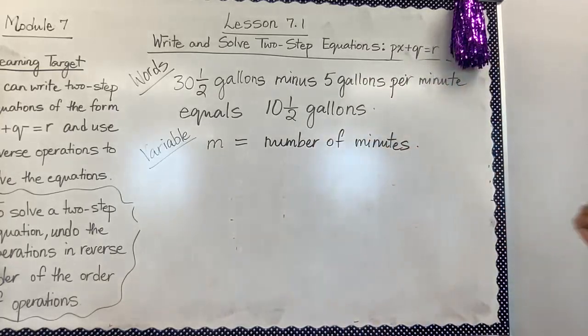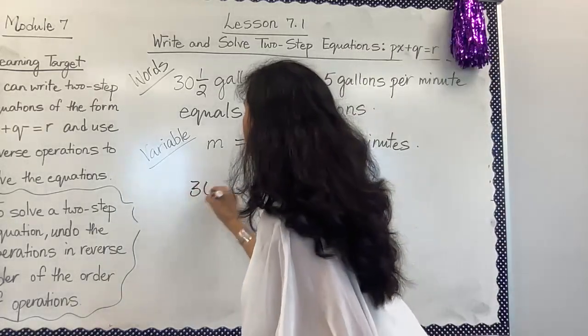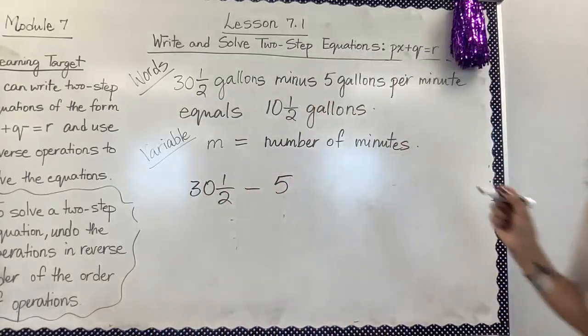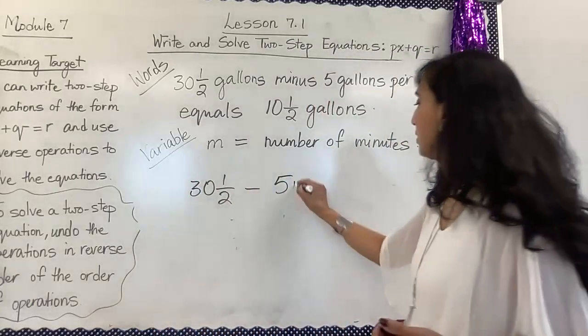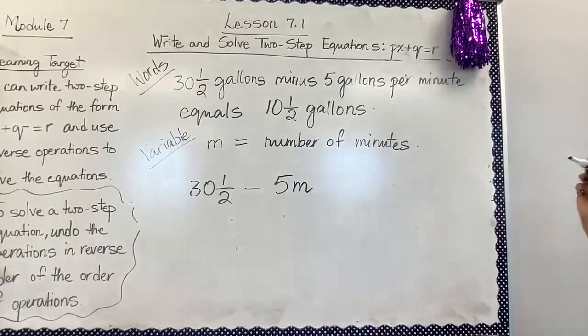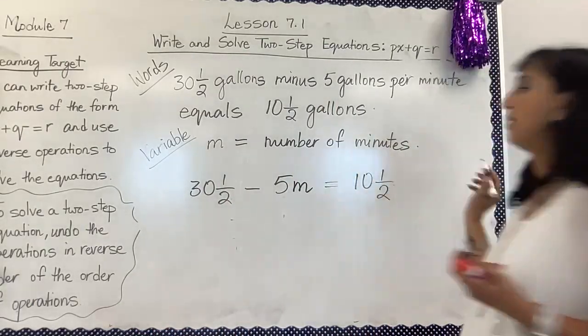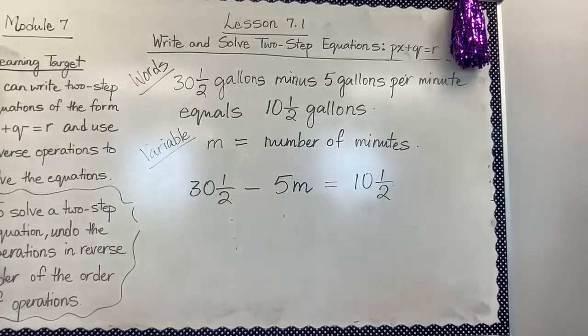And then now we are going to write an equation. So we have 30 and 1/2 minus 5m, because that's the number of minutes, and I will end up with 10 and a half. So here is my equation written out.